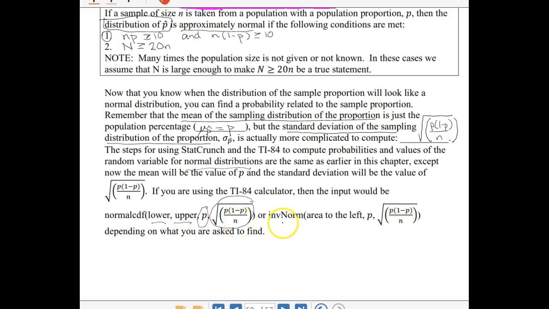Similarly for inverse norm, the first input is the area to the left, the next input is the mean, which is p, and the last input is the standard deviation, again the square root of p times 1 minus p over n. Which one we use depends on what we're being asked to find. If we want a probability, we use normal CDF. If we want a value of the random variable, we use inverse norm.